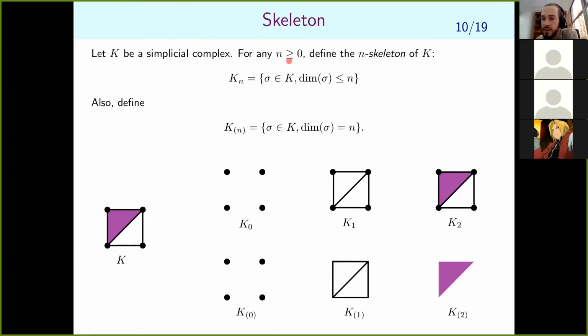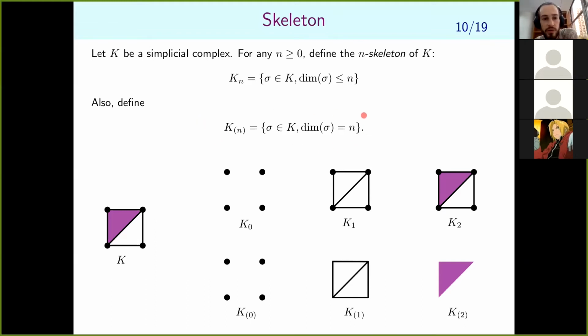For any positive integer n, I define the n skeleton of K as the set of simplices of K with dimension at most n. And I will also define here this thing, K(n) between parentheses, as the set of simplices with dimension exactly n.